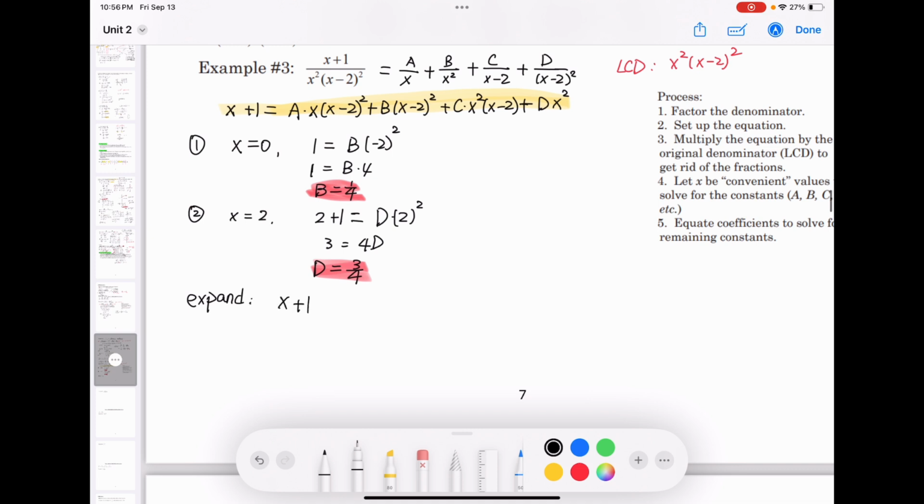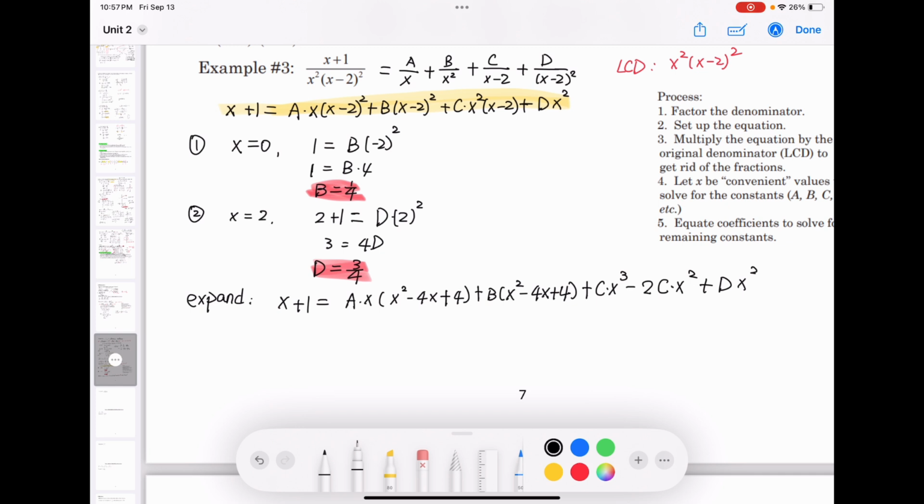x plus 1 is equal to a times x minus 2 squared, which is x squared minus 4x plus 4, plus b times x squared, plus c times x cubed minus 2c times x squared, plus dx squared. And then we should combine like terms.